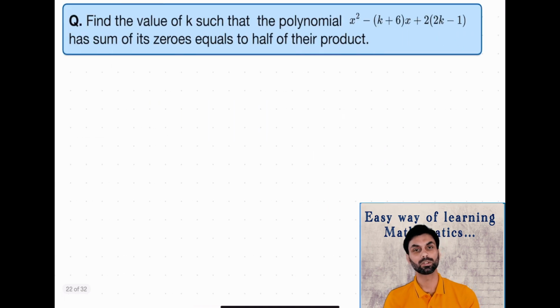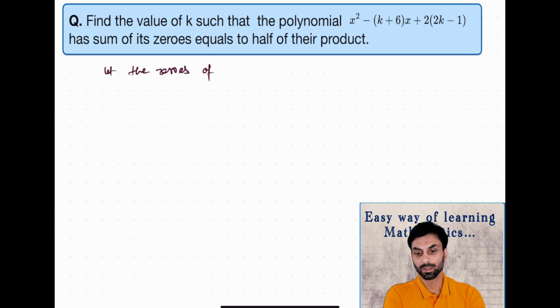So the first question which I am going to discuss here is: find the value of k such that the polynomial x square minus (k plus 6) times x plus 2 into (2k minus 1) has the sum of its zeros equal to half their product. So to solve it, we'll let the zeros of the polynomial be alpha and beta.